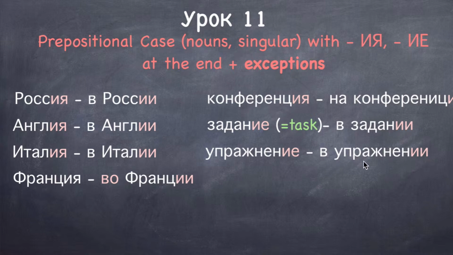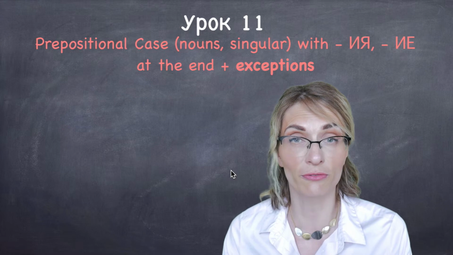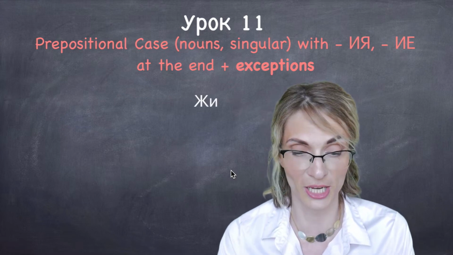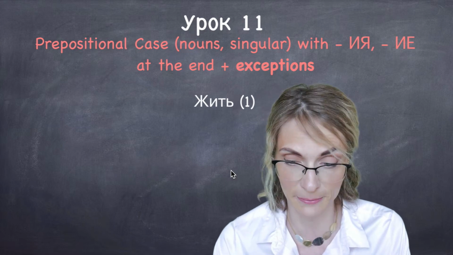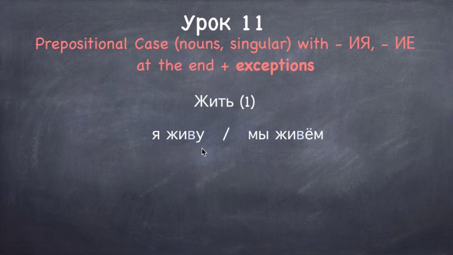Упражнение, в упражнении. Now at this point we want to add one more verb to our list that we really need to specify location, and that is the verb жить. Жить, verb, belongs to the first conjugation, but it declines a little bit with the mutation of the consonant in the stem. Look at the stem in the present tense. Я живу. Мы живем.